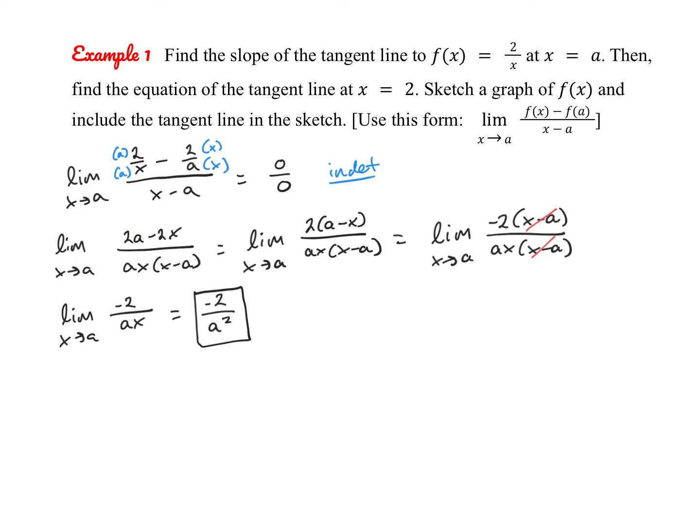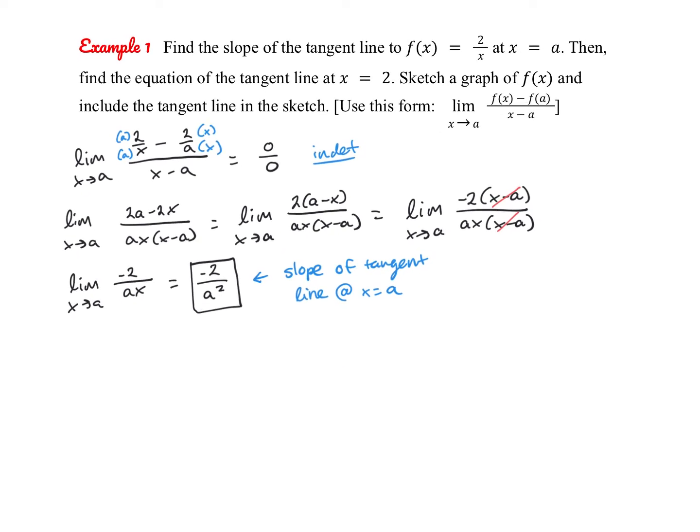So again, this is the slope of the tangent line at x equals a, which could represent any point we want. So this is kind of a general slope expression.